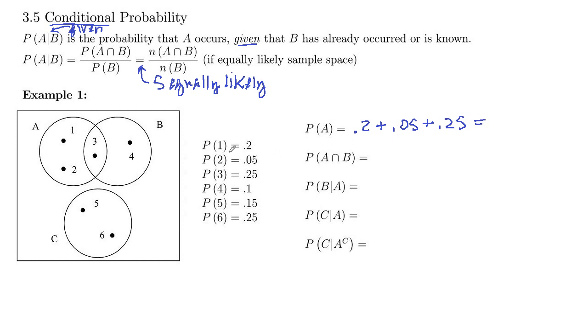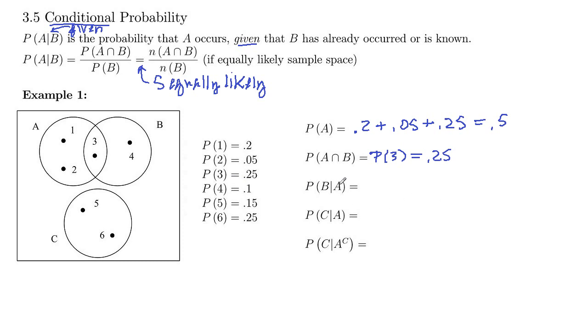So I just added up the probability of the three sample points there. So that's 0.5. And then probability of A intersect B, A and B, the overlap, only 3 is in the overlap. So this is equal to the probability of 3, which is 0.25, right here.